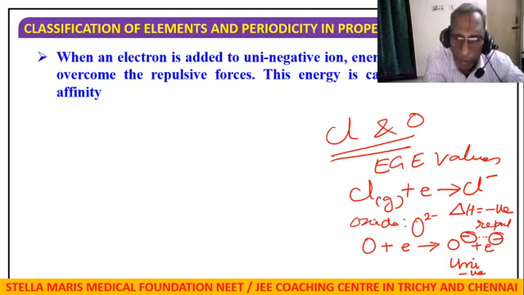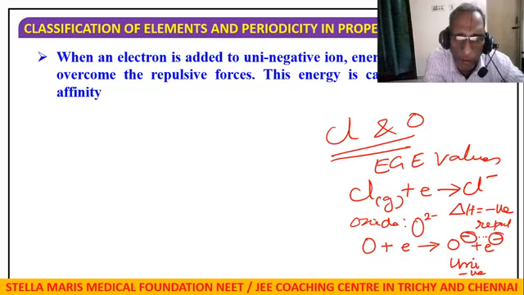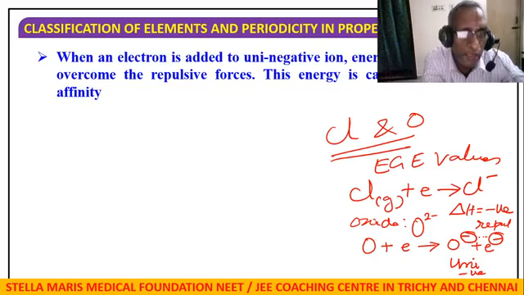So you have to spend some energy against the repulsive force, so energy has to be supplied. For the first electron added, the system will release energy, whereas for the second electron added, we have to supply energy.